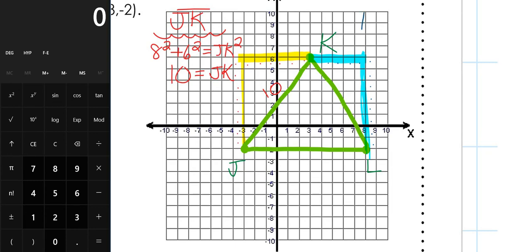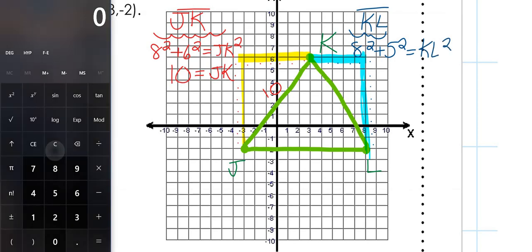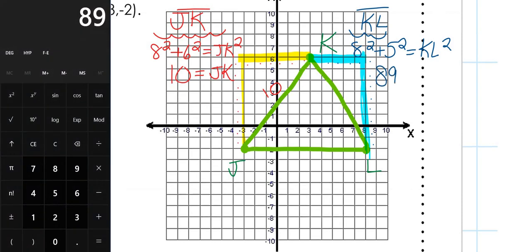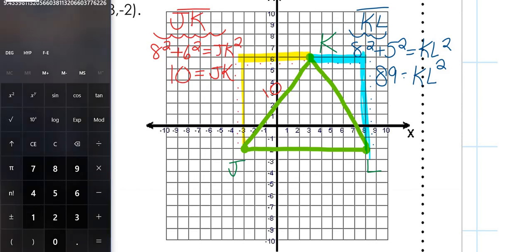I'm going to go ahead and write KL, and I'm going to do 8 squared plus 5 squared equals KL squared. Now if I work this out in the calculator, 8 squared plus 5 squared gives me 89. So 89 equals KL squared. I'm going to square root it. So square root of 89 is 9.43.